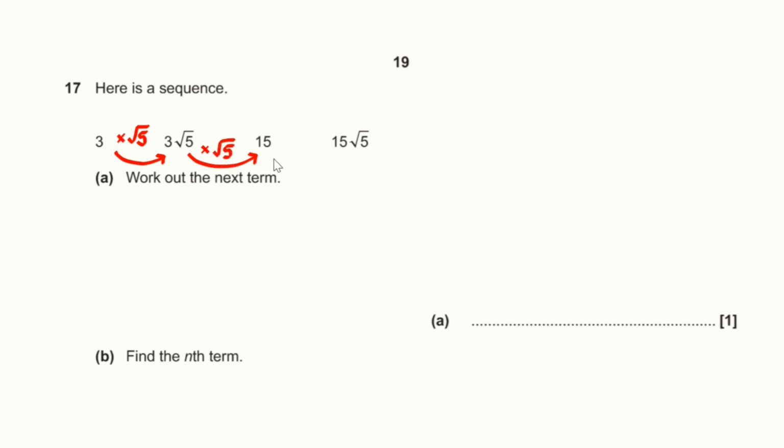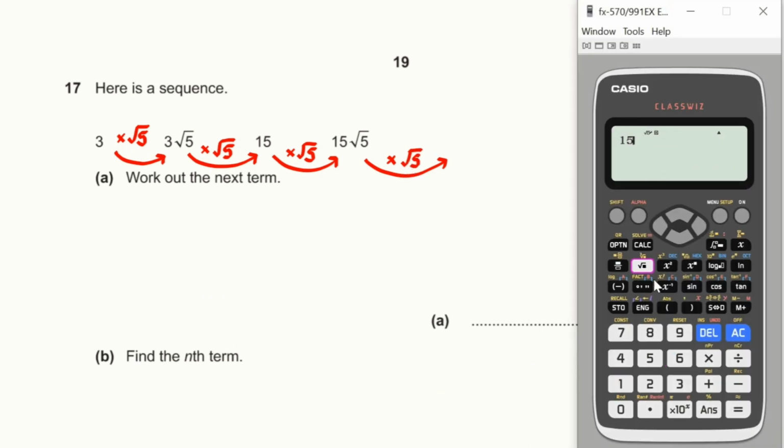So to work out the next term, again, I need to multiply by root 5. 15 root 5 times root 5 is 75. So my next term is 75.